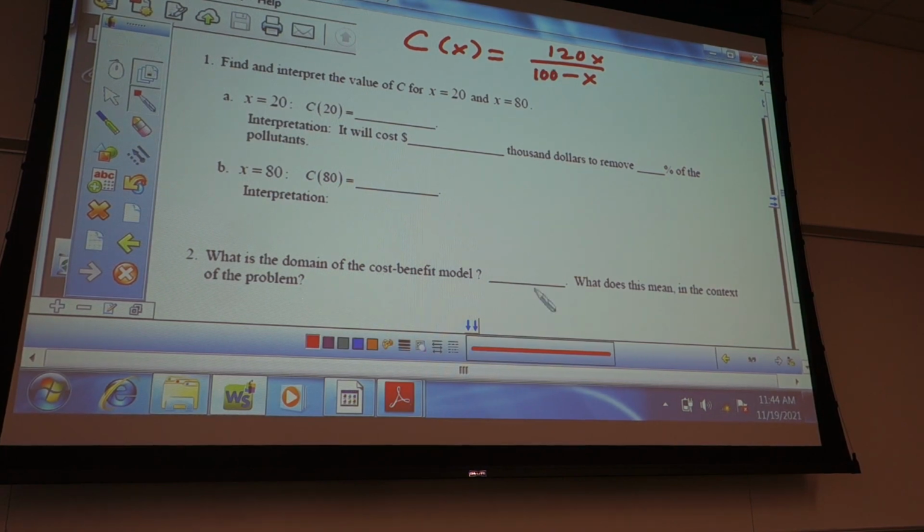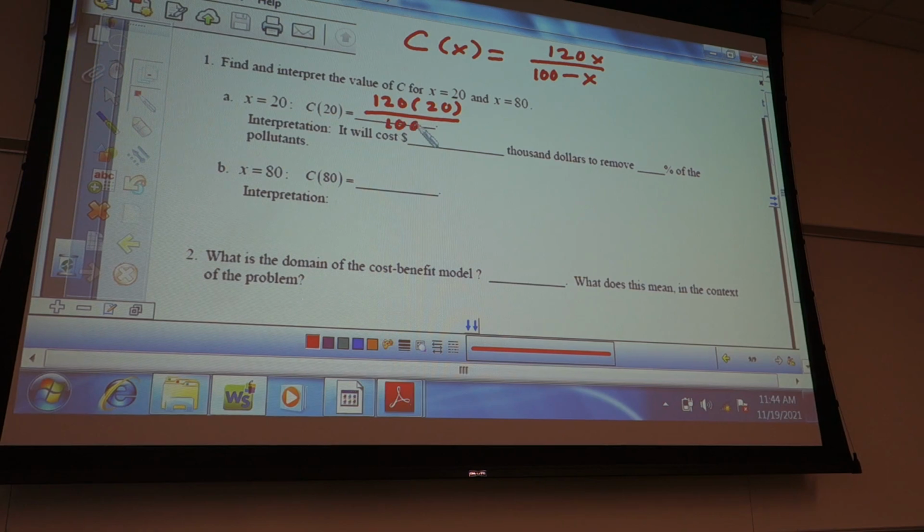Okay, so let's put 20 in for x, and I will get 120 times 20 over 100 minus 20. You should be writing this down with me. I'm going to bust out my calculator, as all of you are as well.